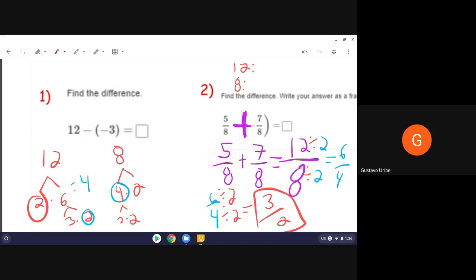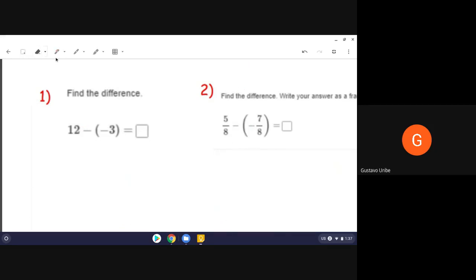The other thing we could do if we don't use our shortcut is you can use KCC. So you can use 1, 2, 3. And remember, I'm making these arrows because I have 3 different things here: the 5/8, my negative, and then the negative 7/8. I can do this because I have a minus right here.